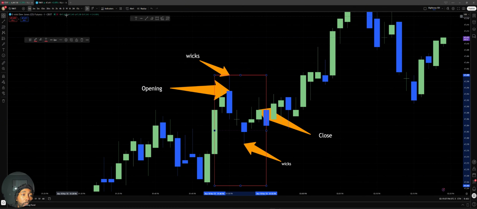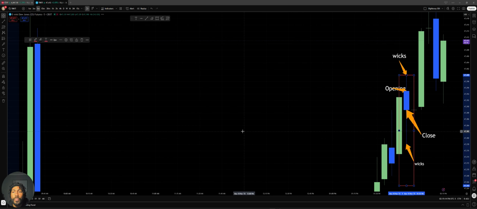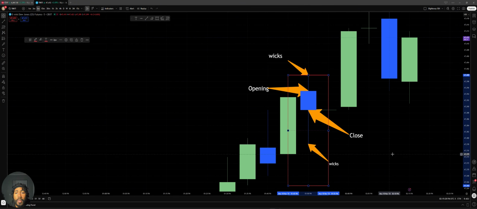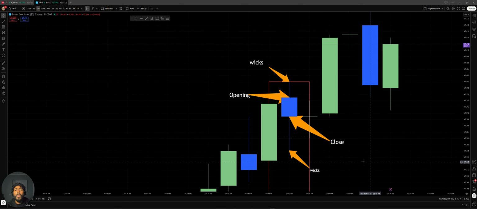Now let's go back to the 5-minute, and we're going to see exactly that it all aligns. Here's the close, here's the opening of that 5-minute candle, the top of the wick, the low of that candle. Like I said, price is either going to go up or down during that time frame.